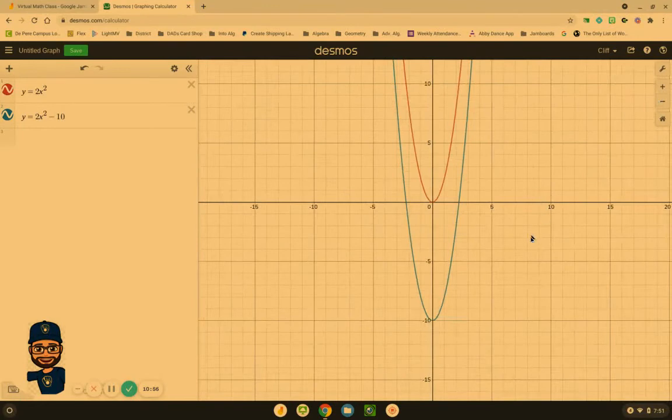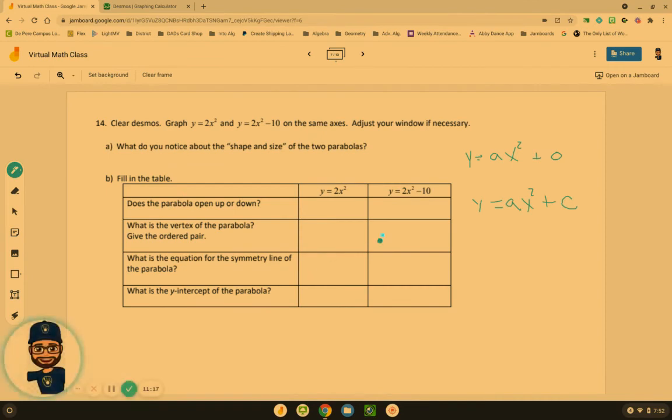What happened to the blue graph? It went down 10 units. The vertex is not at 0, 0 anymore. The vertex went down here to 0, negative 10. It's the same function, 2x squared and 2x squared, so it opens up because it still looks the same, but it shifted the vertex down.